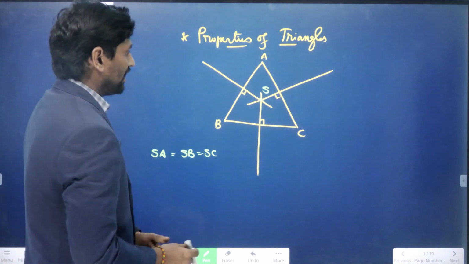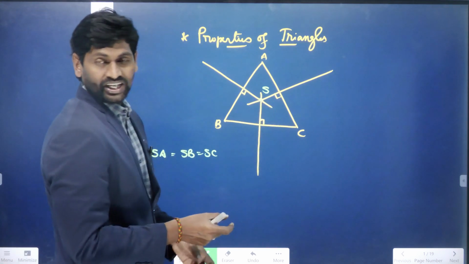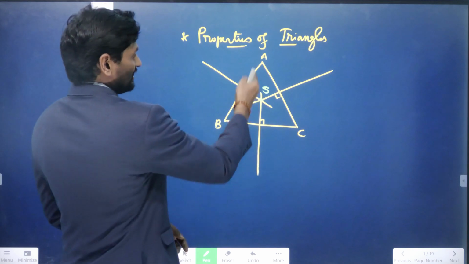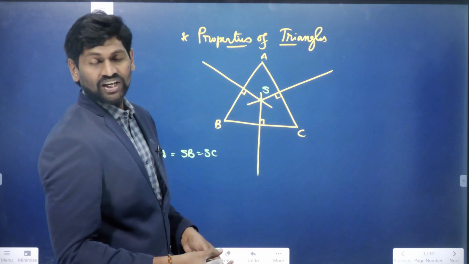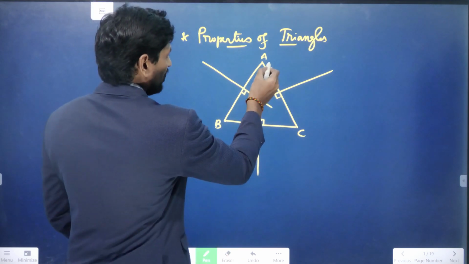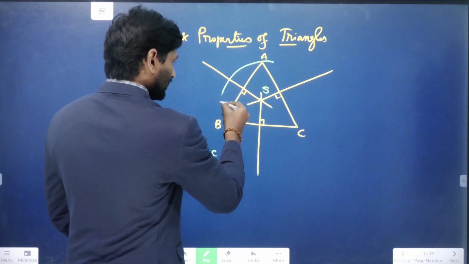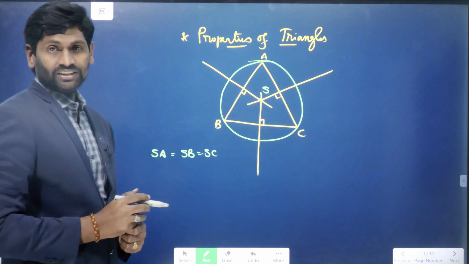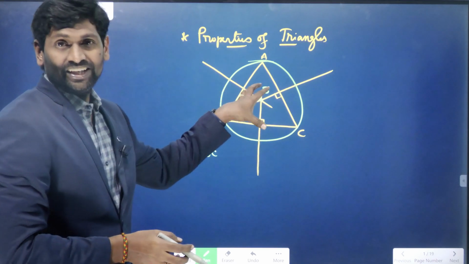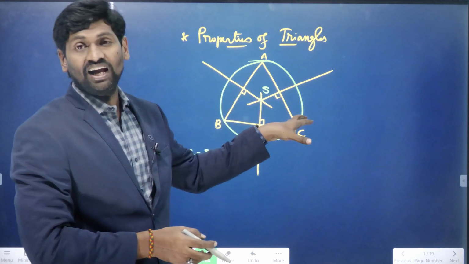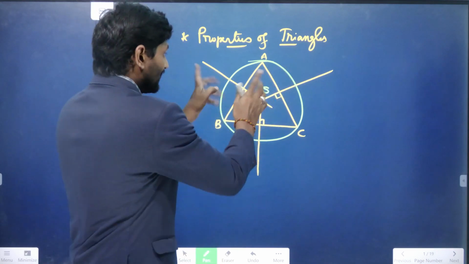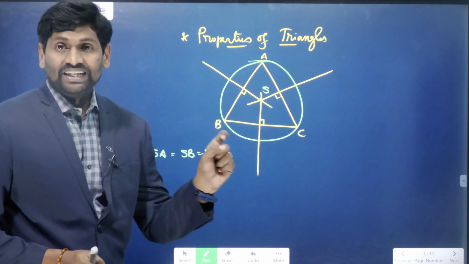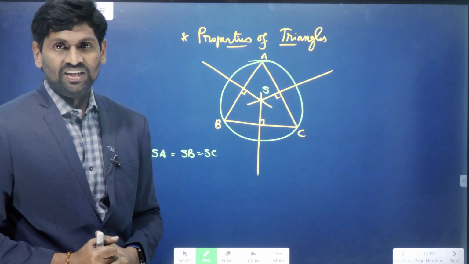And if you take any radius like SA, SB, SC, and draw a circle, it will form a circle. So from this we can say that a circle on which the three vertices of a triangle lie is called the circumcircle.